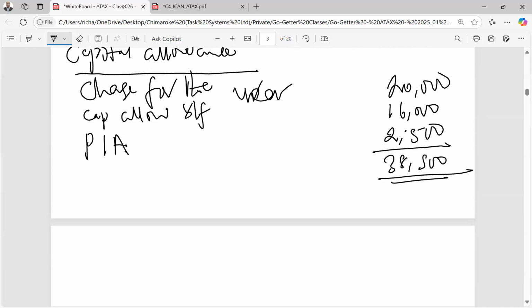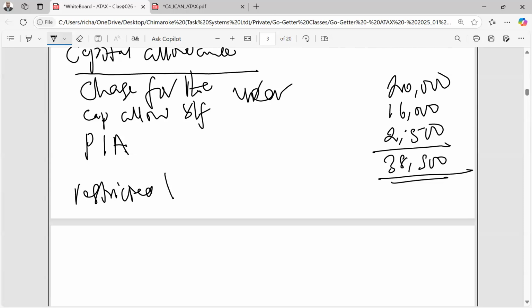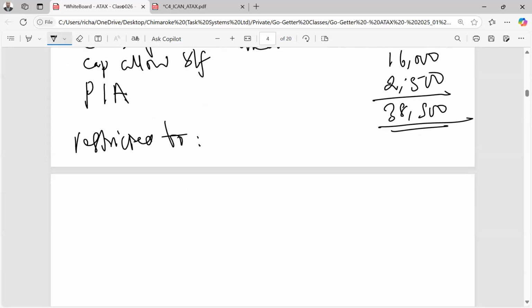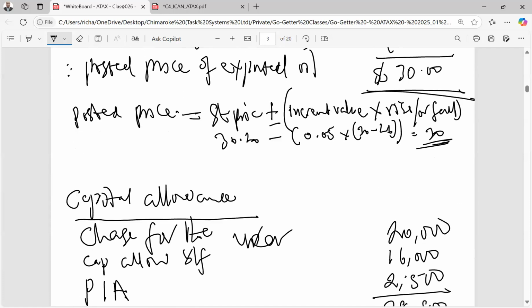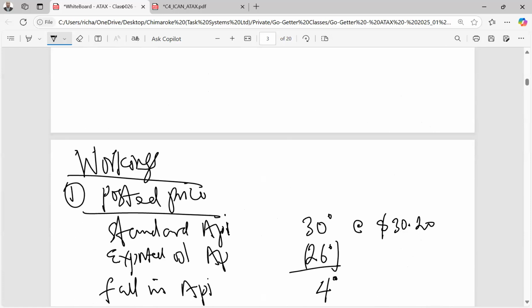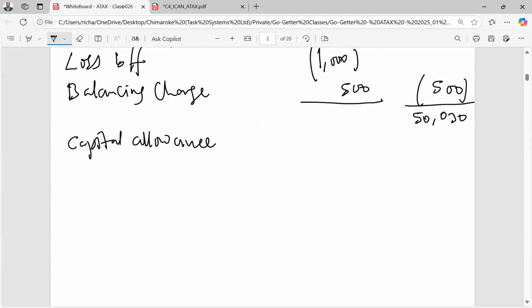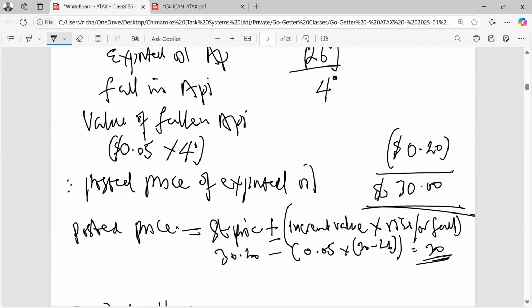Then you will say subject to or restricted to 85% of accessible profits. What is 85% of accessible profit? Accessible profit is how much here? 50,030.